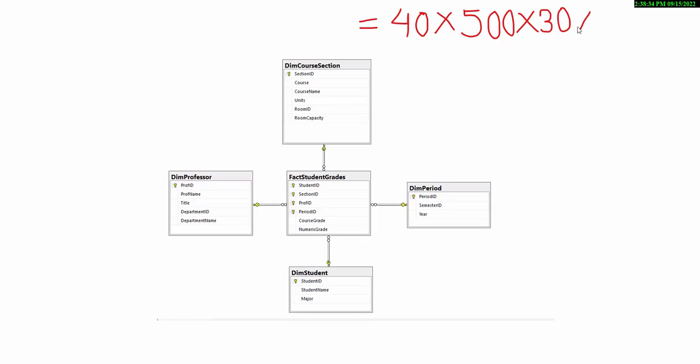If you want to do the calculation for professor, each section is only going to have one professor. So this is the total number of rows that we will have in the fact table over 10 years. And you can do the calculation. It comes out to be 600,000 if I did my math correctly.